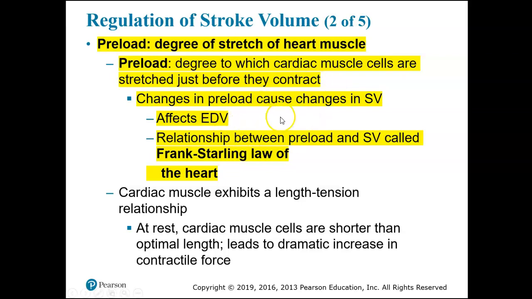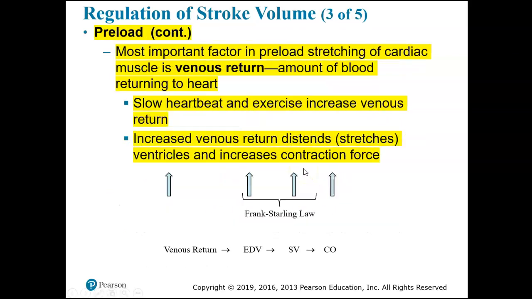And preload affects the end diastolic volume. The relationship between preload and stroke volume is called the Frank-Starling law of the heart. The most important factor in preload and EDV is venous return, the amount of blood returning to the heart from the vena cava. Increased venous return distends or stretches the ventricles, and that increases the force with which they contract.